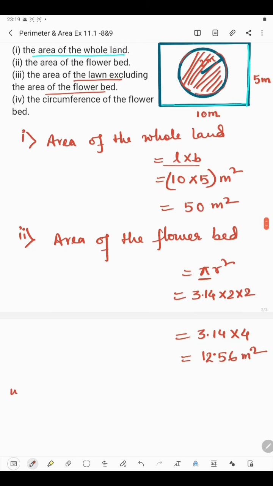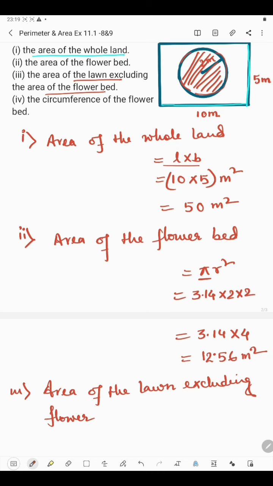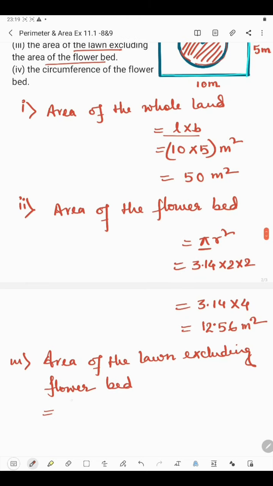So we'll write, area of the lawn excluding flower bed is area of the lawn minus area of the circular bed.